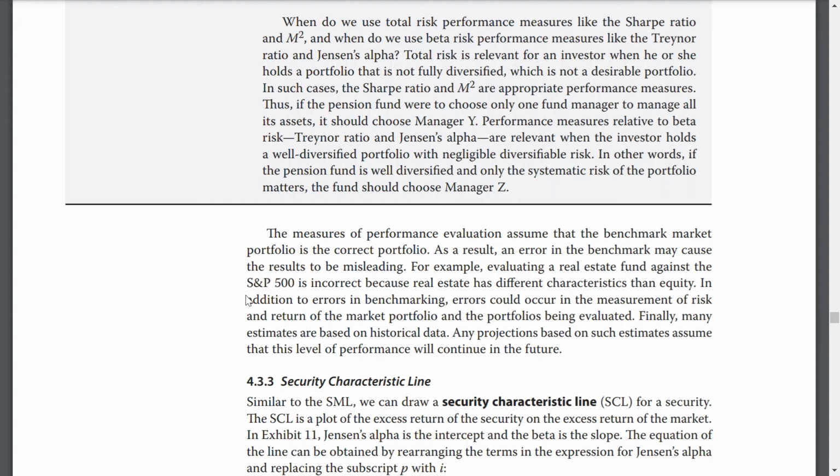For example, evaluating a real estate fund against the S&P 500 is incorrect because real estate has different characteristics than equity. In addition to errors in benchmarking, errors can occur in the measurement of risk and return of the market portfolio and the portfolio being evaluated. Finally, many estimates are based on historical data. Any projections based on such estimates assume that this level of performance will continue in the future.